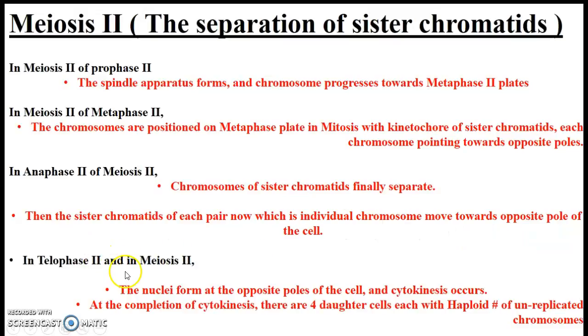We have telophase 2 in meiosis 2. The nuclei form at the opposite poles of the cell, and cytokinesis occurs. At the completion of cytokinesis, there are 4 daughter cells, each with a haploid number of unreplicated chromosomes.